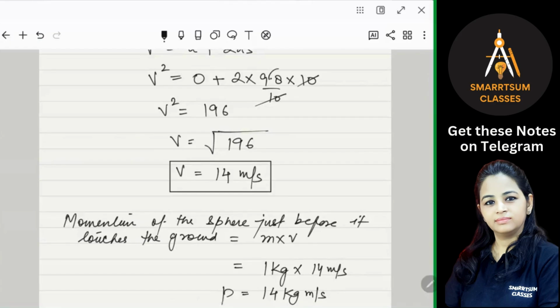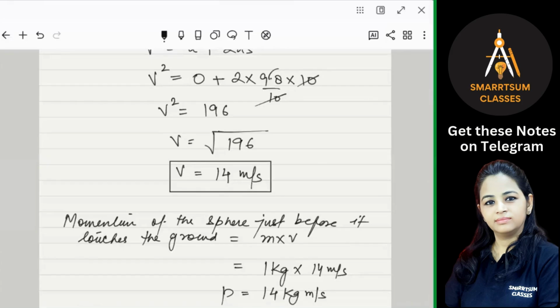On reaching the ground, the iron sphere comes to rest. So its final momentum is equal to 0. Final momentum will become 0, right? So according to the law of conservation of momentum, momentum transferred to the ground is equal to the momentum of the sphere just before it comes to rest. So that momentum will be transferred to the ground. Momentum before collision and momentum after collision is same.